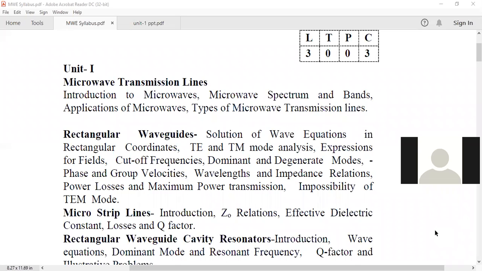Waveguides, microstrip lines, and coaxial. Very good. Coaxial cables, waveguides, and microstrip lines.